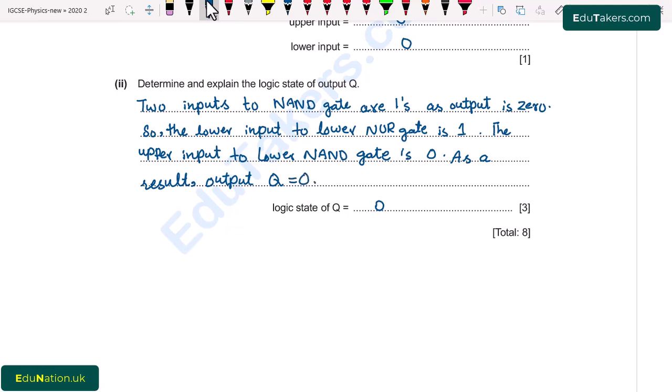So we can see that the logic state of Q is equal to 0.